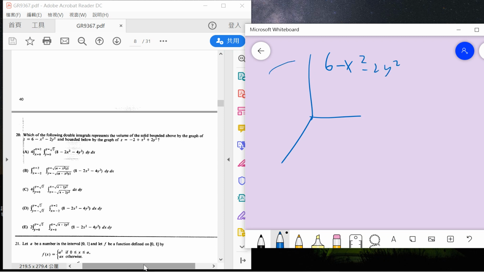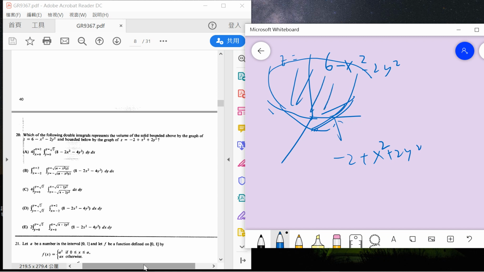So this is a graph, this is z, and it is bounded below by another surface, minus... minus should be here, right? So this is the volume we need to solve.